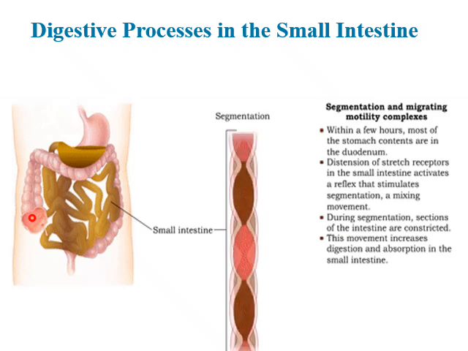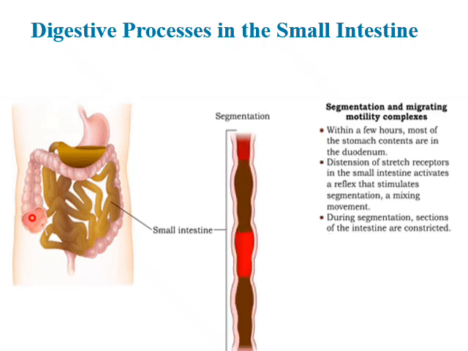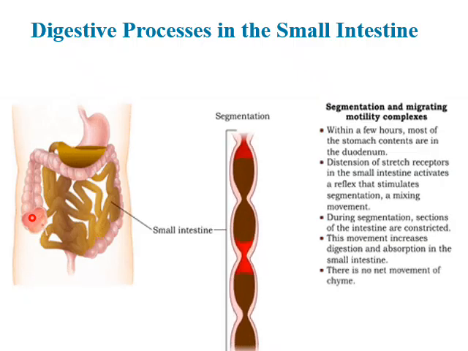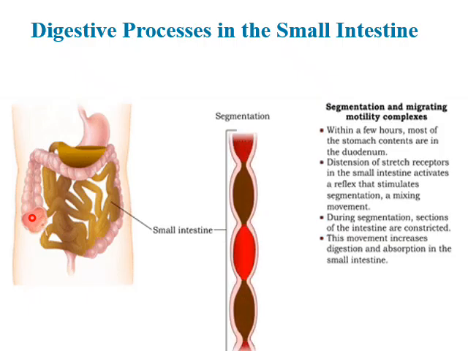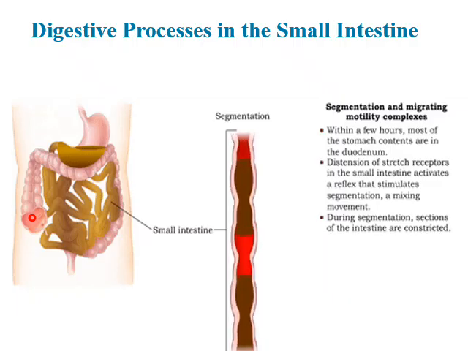The ileocecal valve controls the movement of food from the ileum into the cecum. It is a unidirectional valve. It allows food to travel only from the ileum to the cecum and not vice versa. It prevents the food from getting back to the ileum.